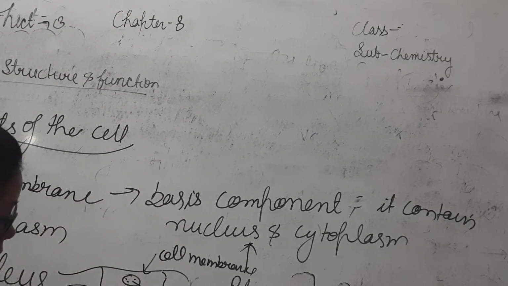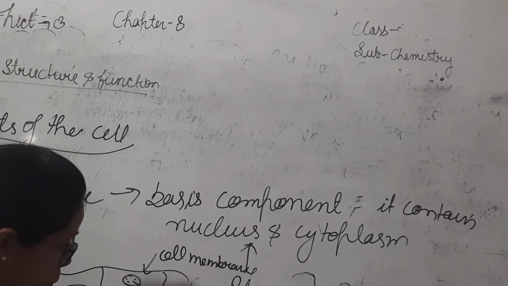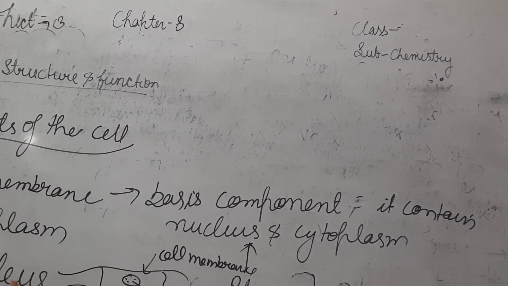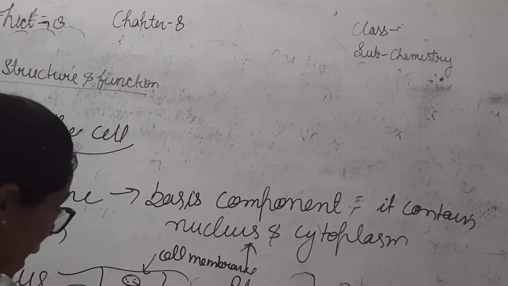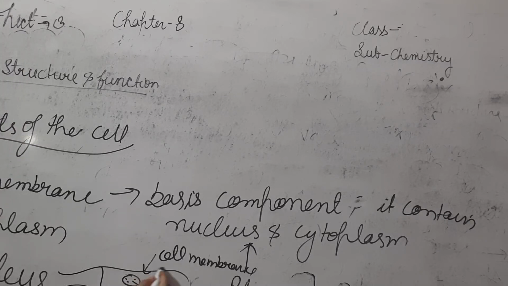This is the nucleus and this is the cytoplasm. This cytoplasm is a jelly-like substance, and this rounded portion is known as nucleus. So nucleus and cytoplasm are present in the cell membrane, which is also known as plasma membrane. Plasma membrane is porous in nature.